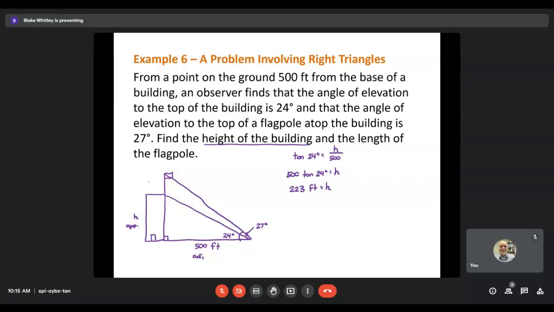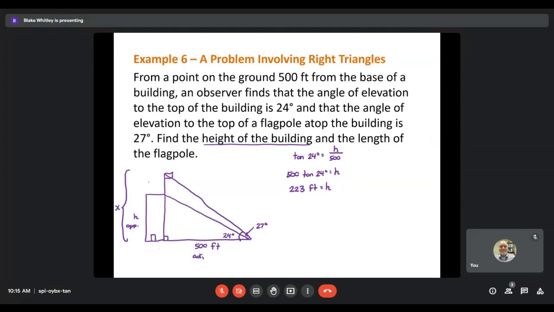So when we use that 27-degree angle, we're actually finding all of this: the length of the flagpole plus the height of the building all together. And you might be saying, well, couldn't we just subtract 27 minus 24, get a 3-degree angle and use that? Unfortunately, no, because that triangle above is not a right triangle anymore, and so we can't use our trig ratios.